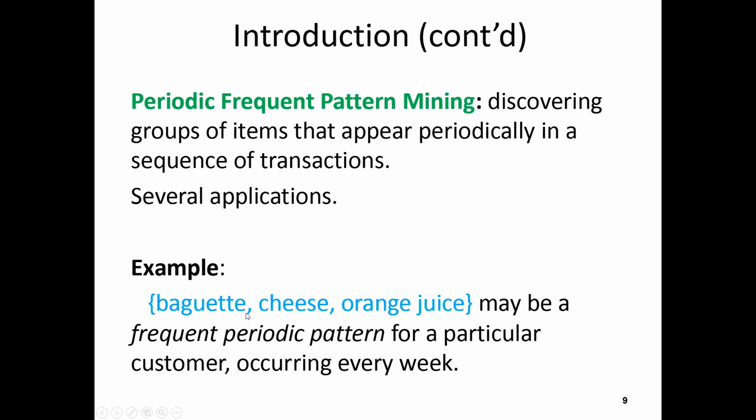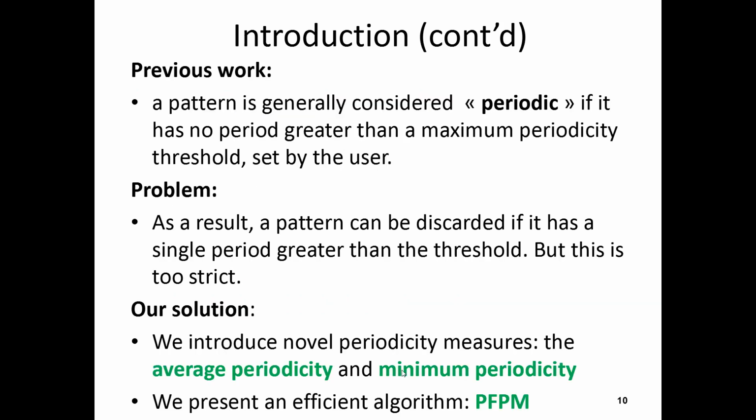So for example, maybe we find that in the shopping data, some people buy some baguette, some bread, cheese and orange juice every week, for example. So it will be a periodic pattern, repeating itself every week. So if we find this is useful, maybe we can do a promotion or give a discount if the customer comes back every week to buy this, for example.